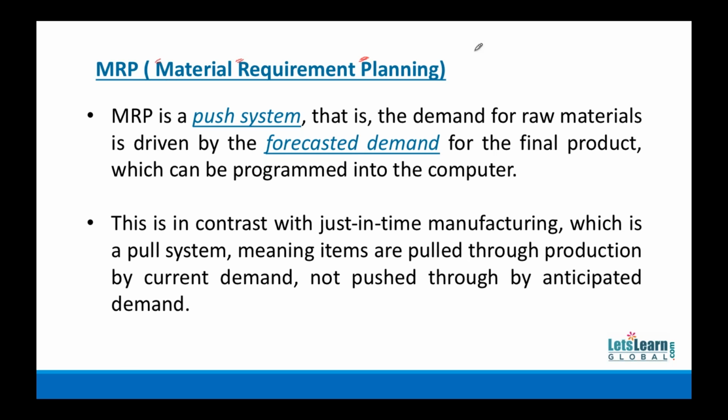Push system means goods are pushed to the future based on the forecasted demand. We are producing 1000, selling 1000 units, so you buy material for 1000 units, plus or minus. Not 1500, not 980. You need proper planning for that, which is called materials requirement planning.